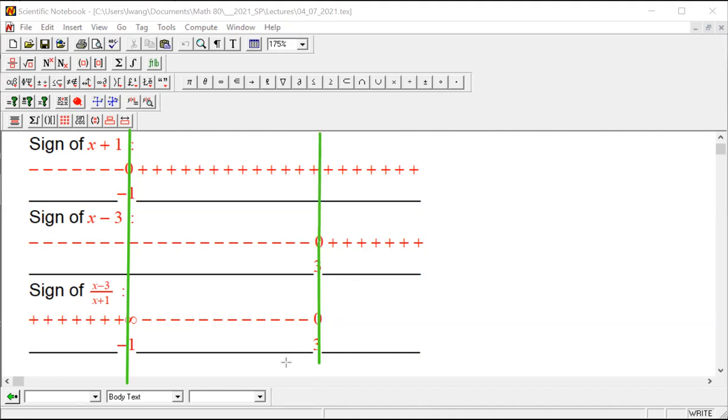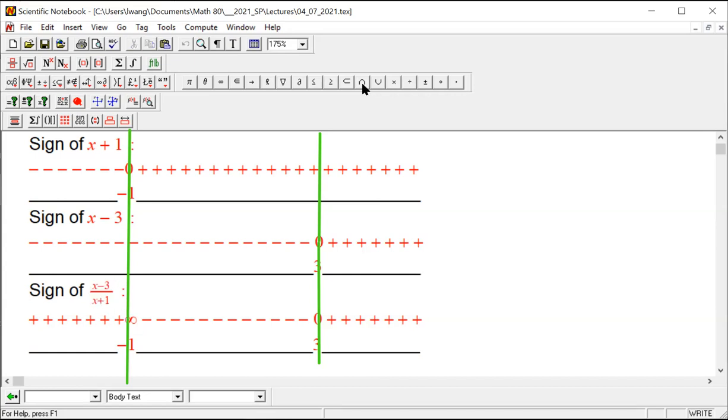Okay, so when we plug in a number larger than 3, we're going to get a positive divided by positive, we're going to have a positive. So this is the sign of x minus 3 over x plus 1.